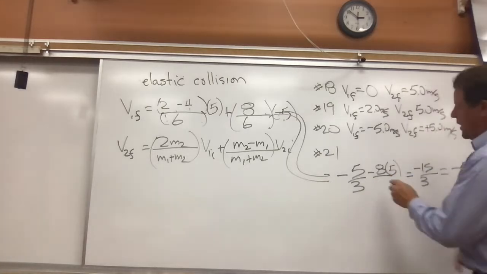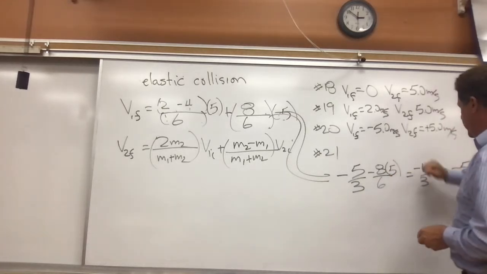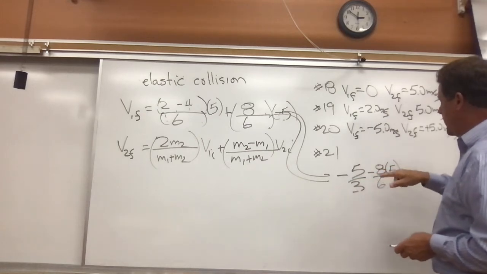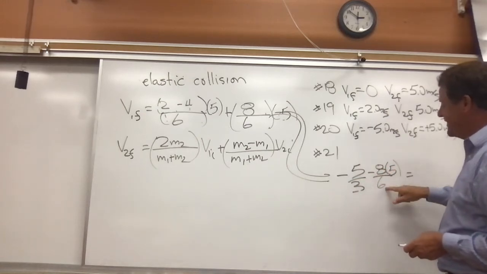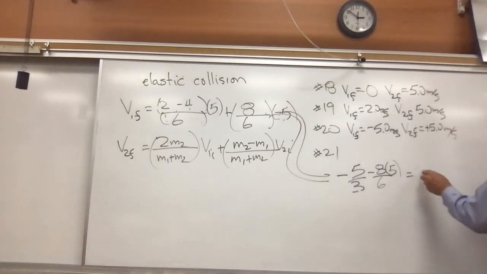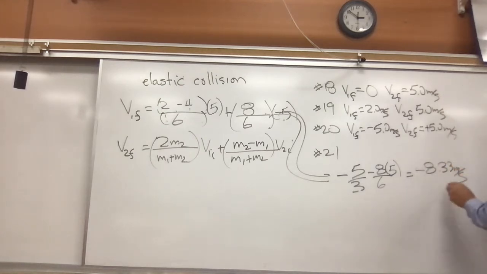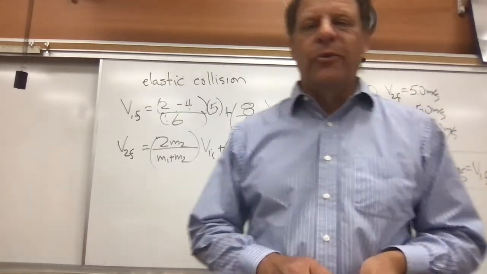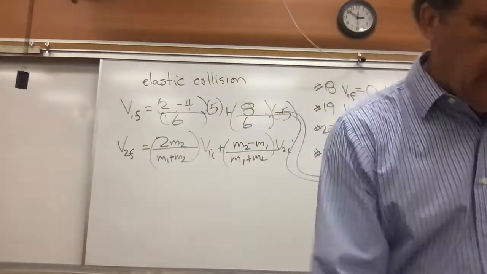So this is -8/6. So we're going to end up with -5/3 times -46, which is going to end up with -8.33 meters per second is equal to our V1 final. All right, let's see if I can do the second one here.